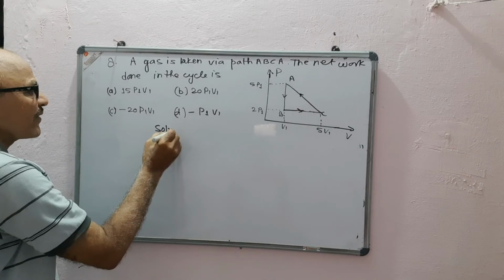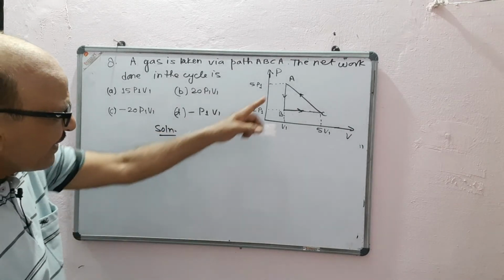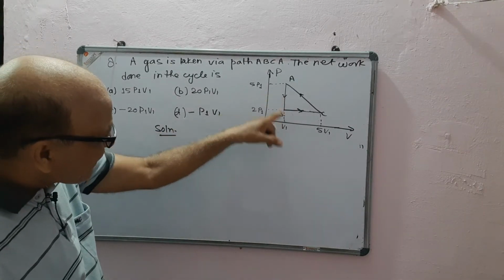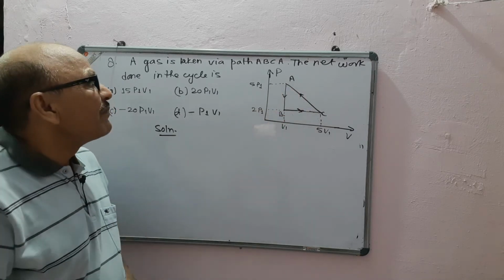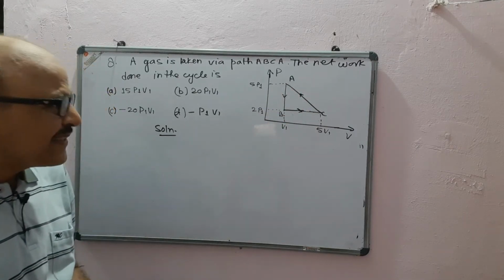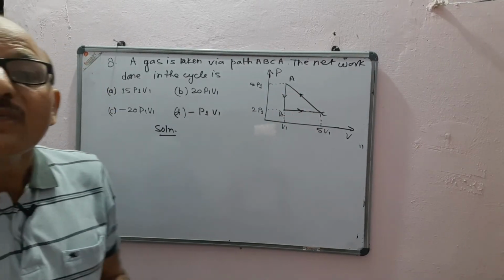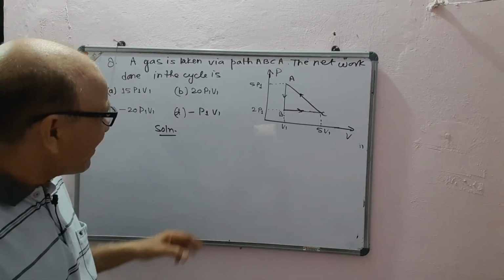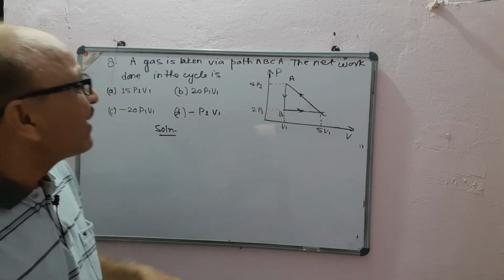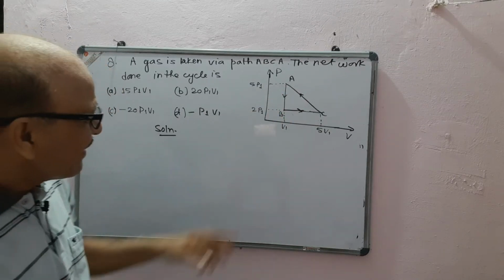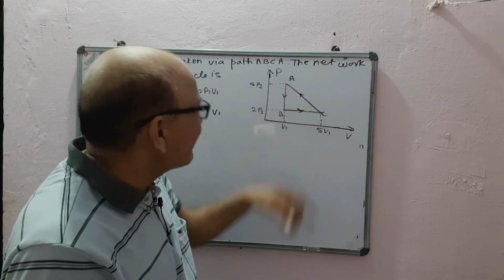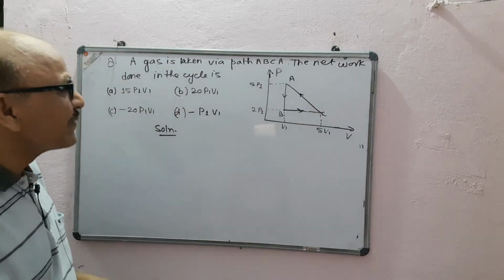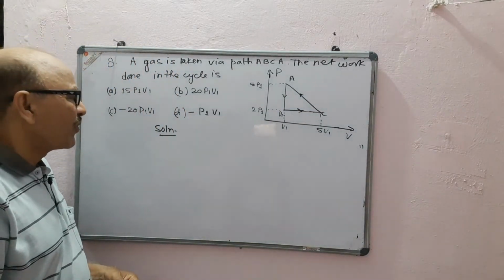Now you may solve it as follows. Number 1, the process is anti-clockwise, therefore work done will be negative. Number 2, the area of this indicator diagram will give the work done.